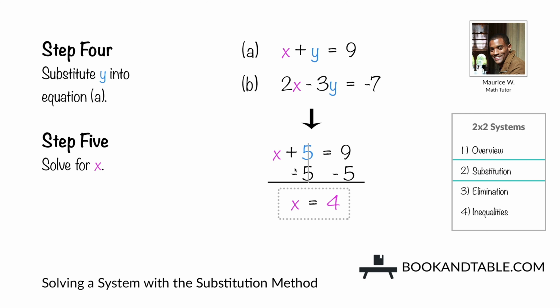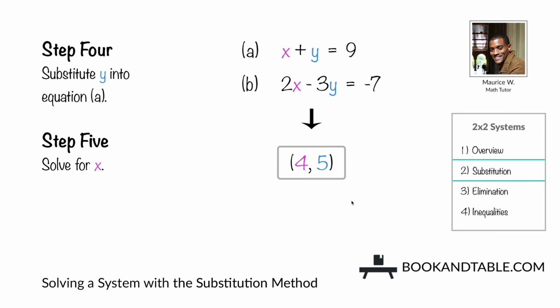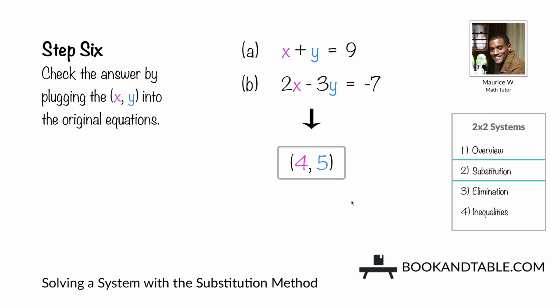So we'll subtract 5 from both sides, giving us x is equal to 9 minus 5, which is 4. So using the substitution method, we find that x is equal to 4 and y is equal to 5. So that is the solution to the 2x2 system. And step 6, to check the answer, you want to plug the x, y, 4, 5, into the original equations to confirm that this is true.